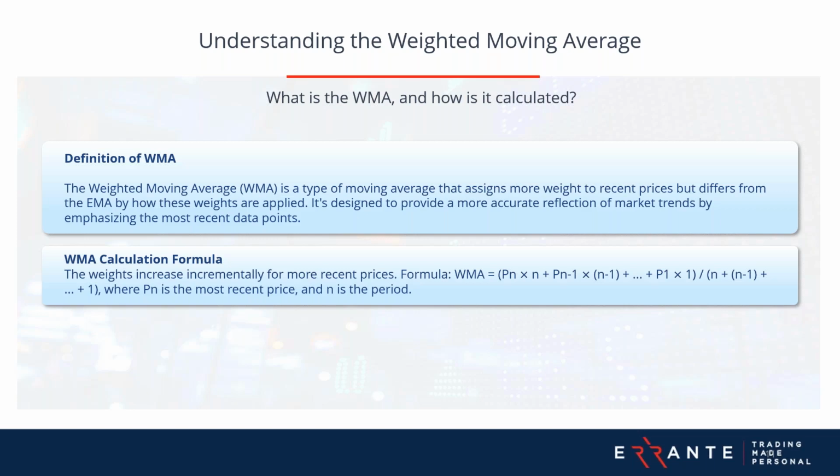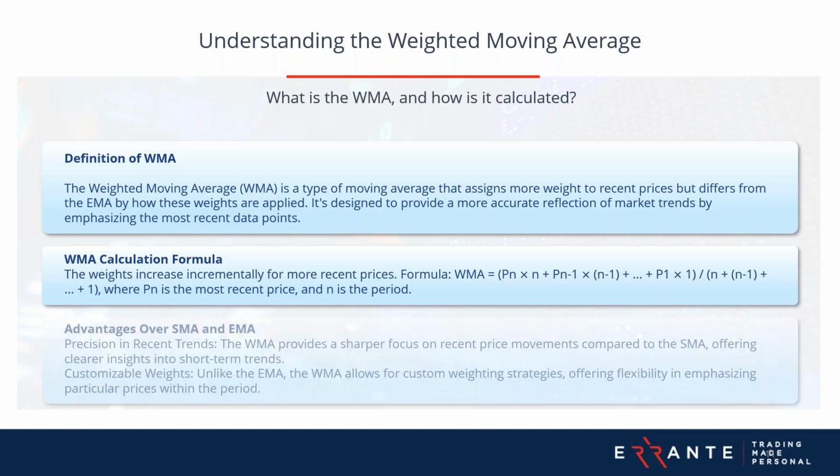This method not only emphasizes the importance of the latest market information, but also allows for a more tailored analysis through customizable weighting strategies. It's this precision and flexibility that set the WMA apart, particularly when examining short-term trends where the latest, let's say, price movements are of paramount importance.